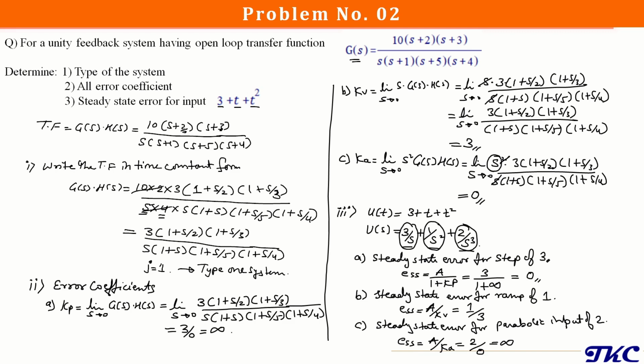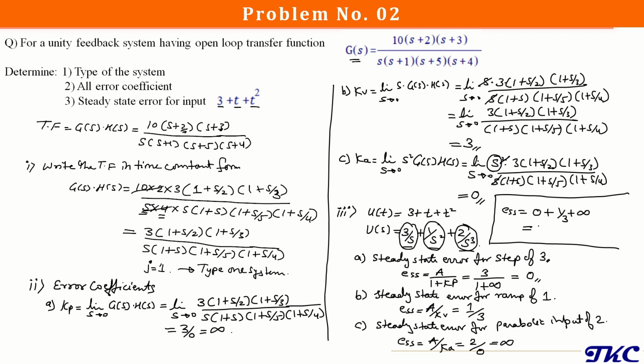Now once we have the steady state error for the respective inputs, we can use the superposition theorem to add these steady state errors to get the overall steady state error of the system. So let's write the total steady state error. E of SS is equal to the contribution of the step input, that is 0, plus the contribution of the ramp input, 1 by 3, plus the contribution of the parabolic input, which we got as infinity.